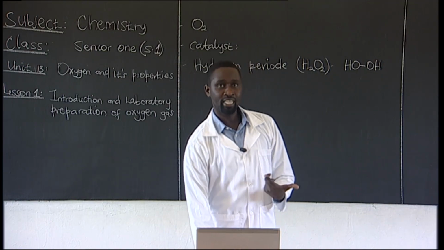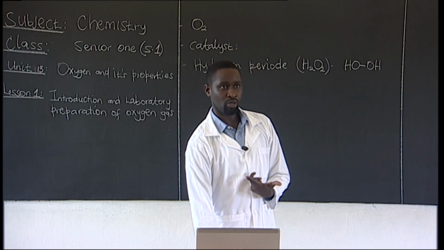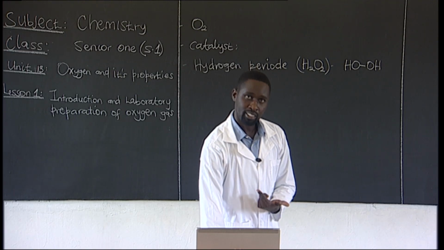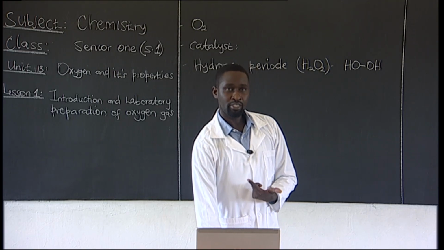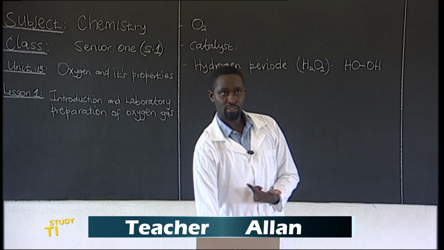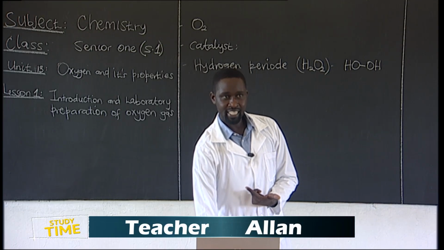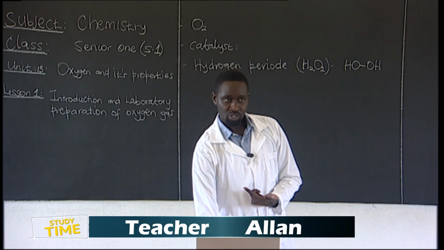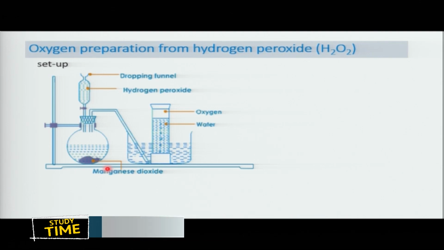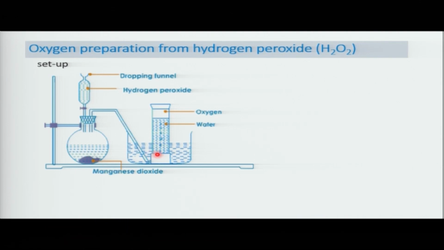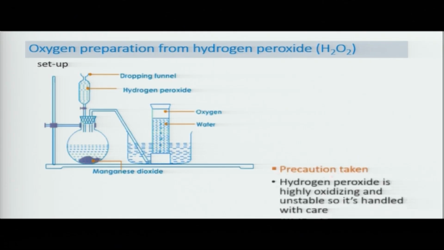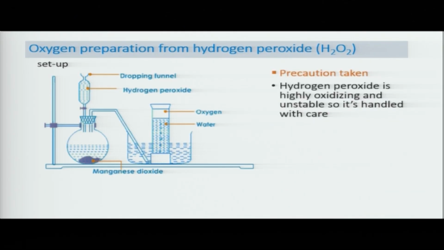You can see you need the hydrogen peroxide. Take a close look at the slide, please. Hydrogen peroxide in the thistle funnel and manganese dioxide as a catalyst. So when you mix these two, they give you the oxygen gas. A few things you need to take, that is the precaution. The hydrogen peroxide we are using is very dangerous.